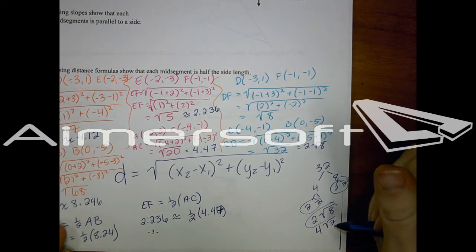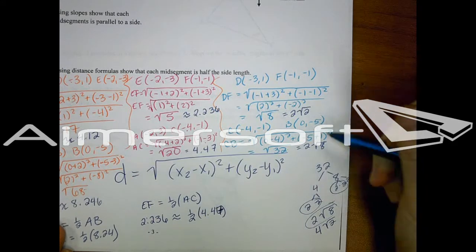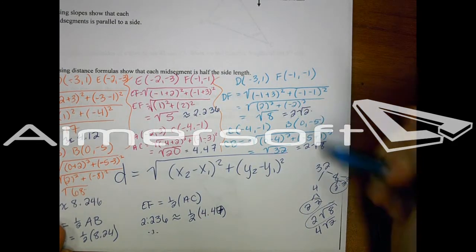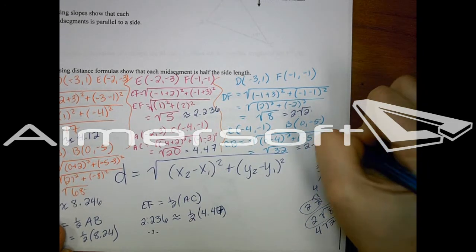Otherwise, you could also reduce this one, which would be 2 root 2. And if I double 2 root 2, I would get 4 root 2, which is also double my mid-segment.